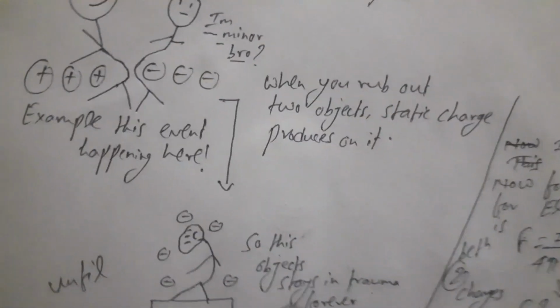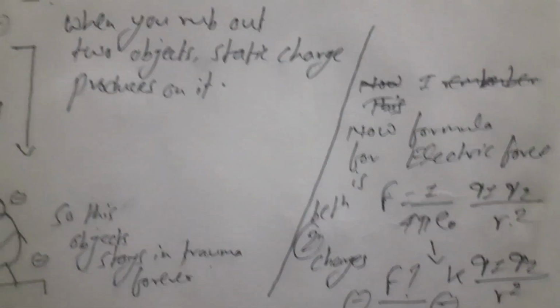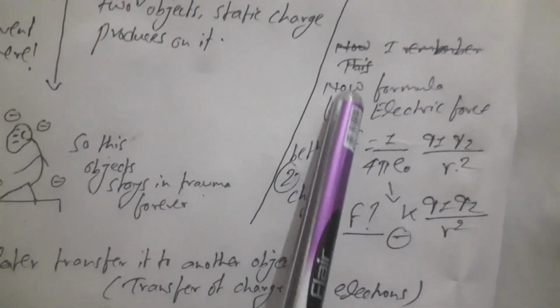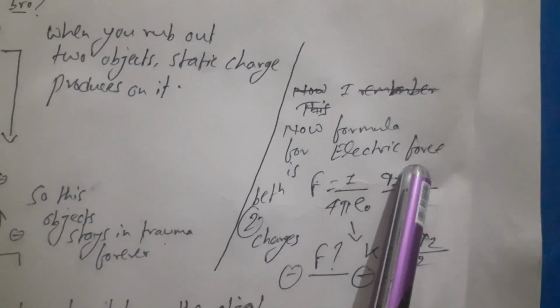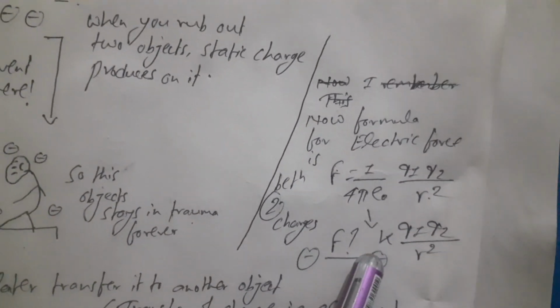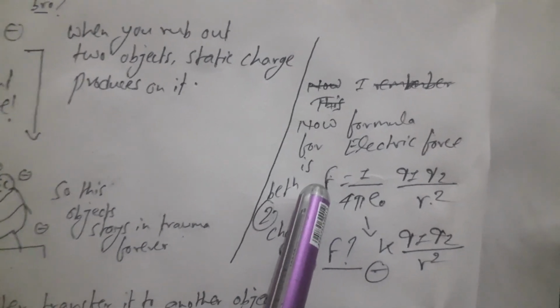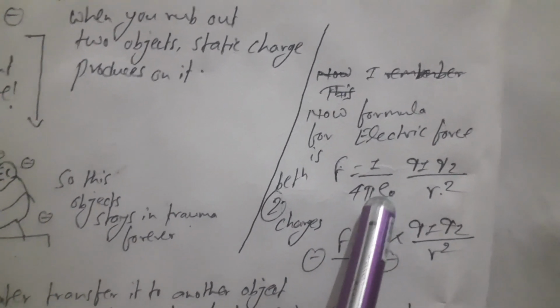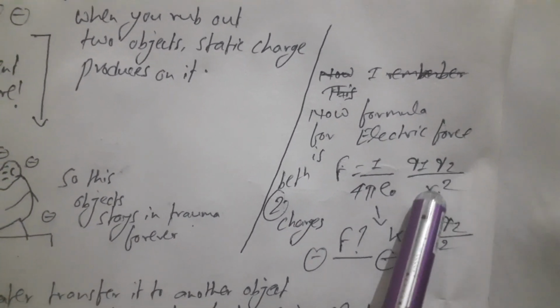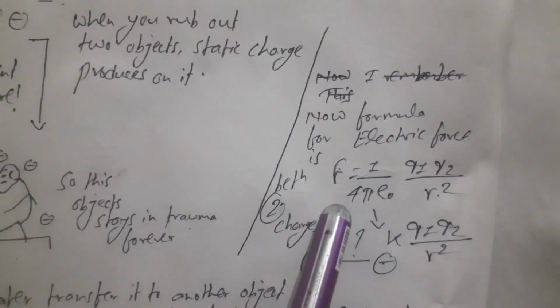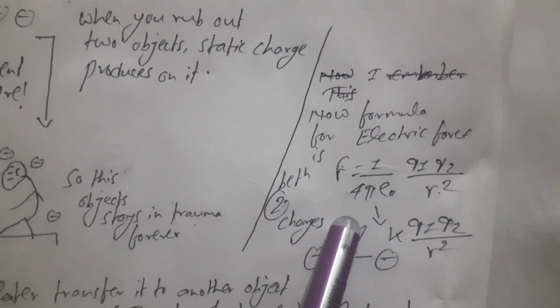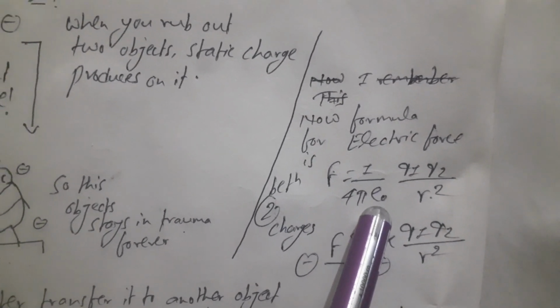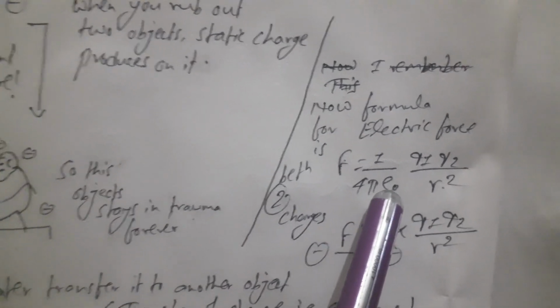That's a lot of theory. Let's move on to some examples. Now the formula for electrostatic force between two charges. F is equal to 1 by 4 pi epsilon naught, q1 q2 by r square. Here 4 pi, you understand. Epsilon naught is the permittivity of free space.